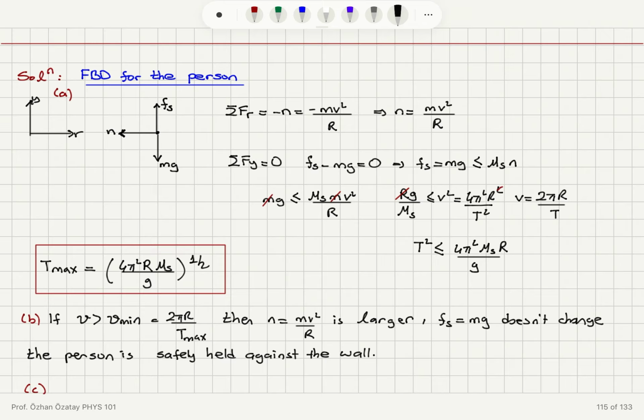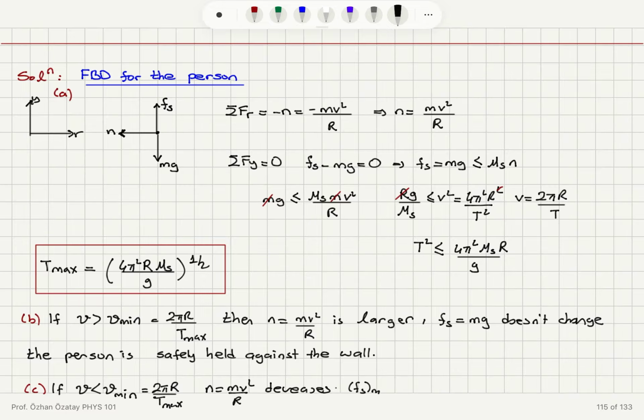Now in part C, if I have a speed that is less than the minimum speed, then the person is in danger. So the period is larger than the maximum period. Then the normal force, which is mv squared over r, will decrease.